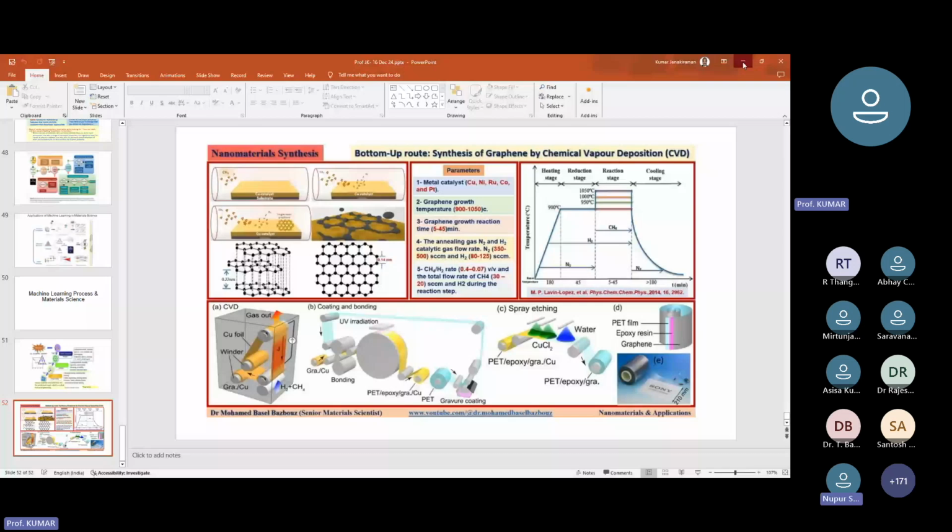But the claim is the cost factor is only about $0.6, way back in 2000 itself. At that time, the single crystal silicon was costing about $1.5, $1.6 per watt. Okay. So the problem was the nanocrystalline silicon efficiency is less.